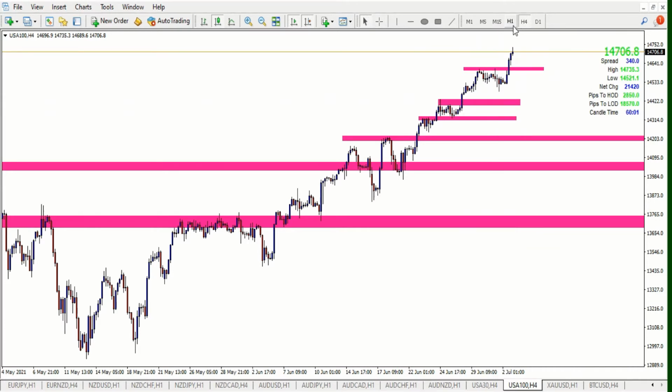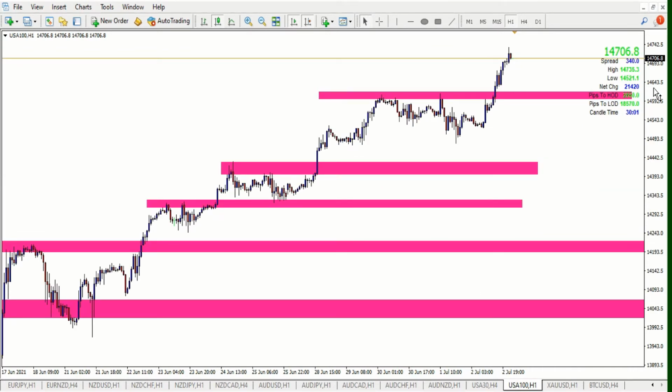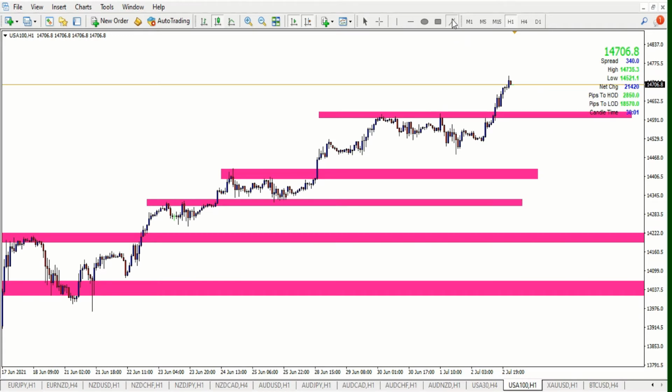So what I'm looking for next week for this one is the continuation to the upside. We might bounce off this support resistance zone, previous resistance, now new support, and then continue its way back up. That's literally the only setup that I'm looking for on the NAS 100.